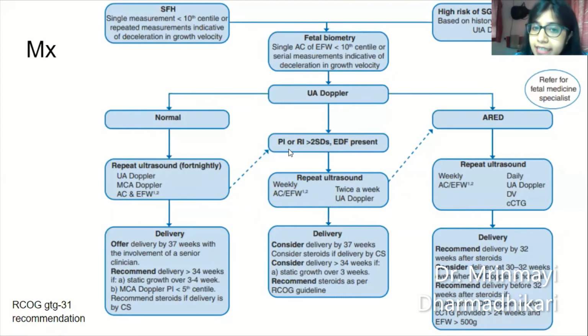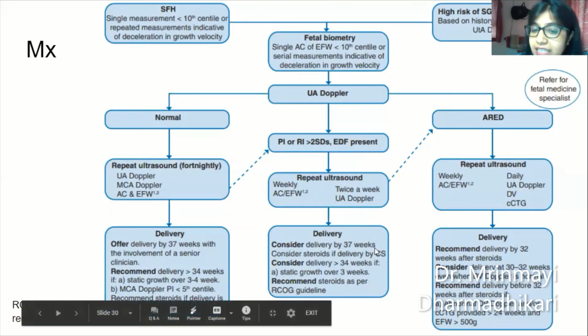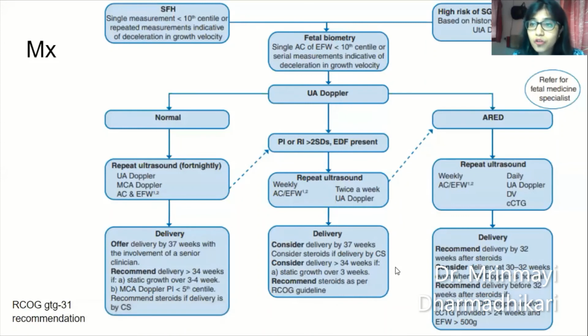If these findings do not deteriorate to either absent or reversed flow, and it remains a positive end diastolic flow, then delivery can be planned with intensive monitoring as per these guidelines by 37 weeks of gestation. Again, consider steroids if delivery is by cesarean section. Delivery after 34 weeks, that is earlier delivery before 37 weeks, if static growth is present over 3 weeks.